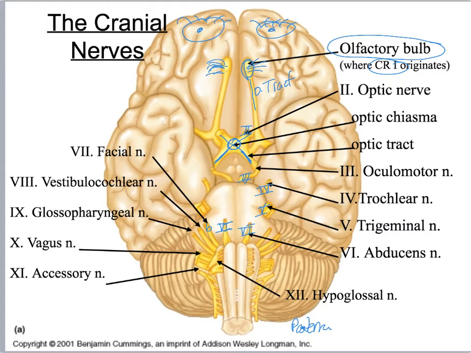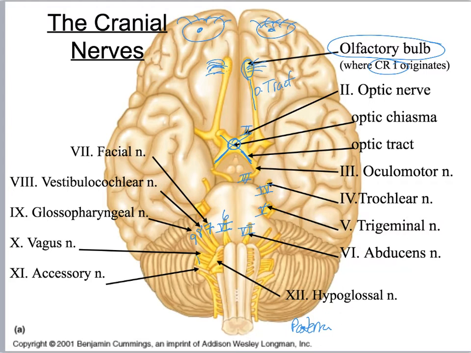I'm switching to different numerals because there's not enough room to do the Roman numerals. Trigeminal is 5, abducens is 6. Sorry. All right, and then facial is 7, vestibulocochlear is 8, glossopharyngeal is 9.